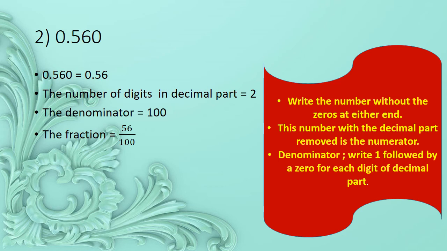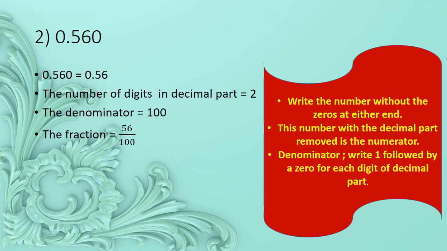So now for the denominator, we will write 1, and 1 will be followed by how many zeros? 2 zeros. As after the point we had 2 digits, that is why we will put 2 zeros. So our denominator will be 100. And now in the numerator, we have removed the decimal point, so we have 056. 0 does not have any value if it is on the extreme left.